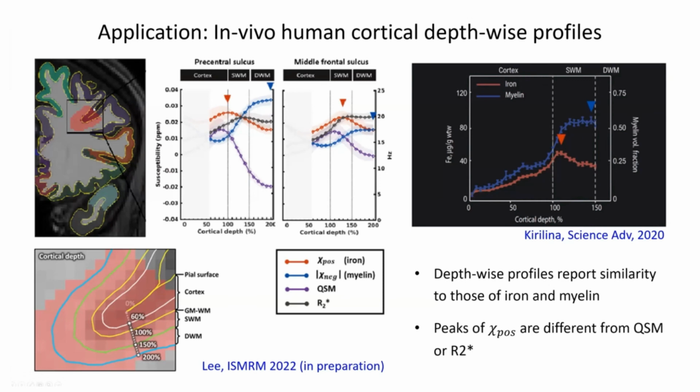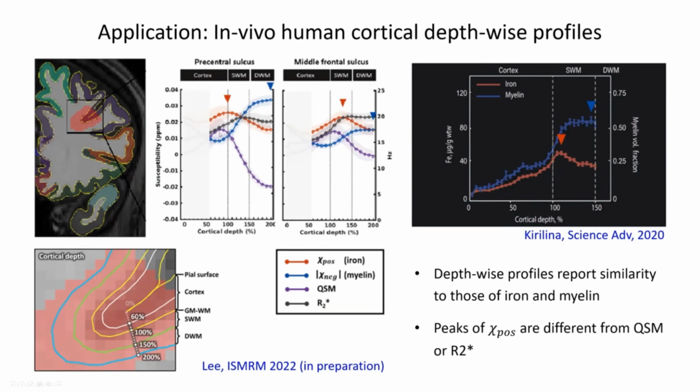We chose some of the fundus of the cortex so that we can find the averaged profile of the laminar structures, not only in the cortex, but also all the way to the white matter, so that you can see this superficial white matter region, where we can see that chi positive peaks around the superficial white matter region, whereas the myelin really peaks at the deep white matter, consistent with this histology result.